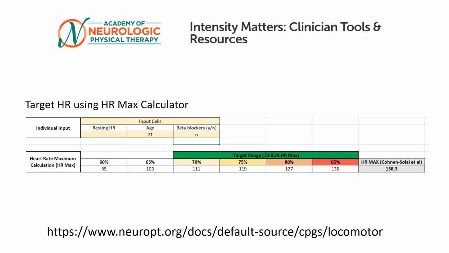And it does the same thing if you're using a percentage of heart rate max. You input the age and beta blocker status, and it will give you the range from 70 to 85%. And with the beta blockers, the target heart rate ranges will decrease by 10 beats per minute.